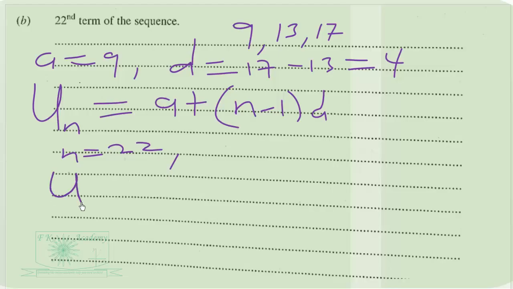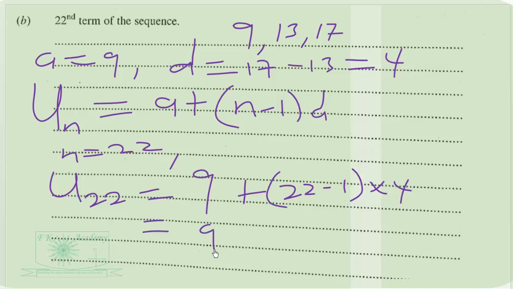So we have u sub 22 is equal to 9 plus 22 minus 1 times 4. This gives us 9 plus 21 times 4. That will give us 9 plus 84, and that will give us 93.